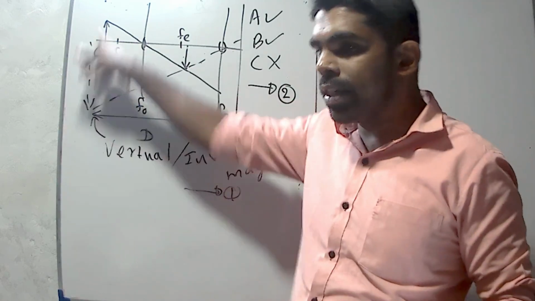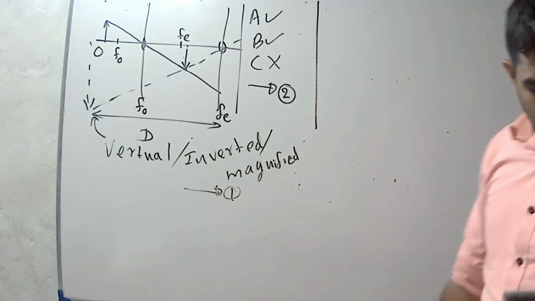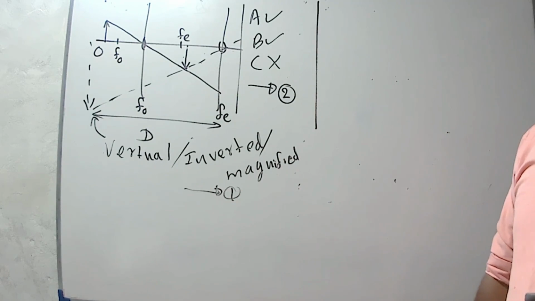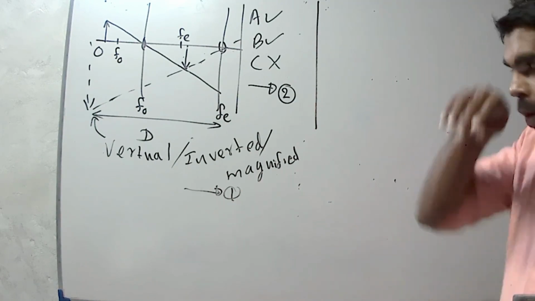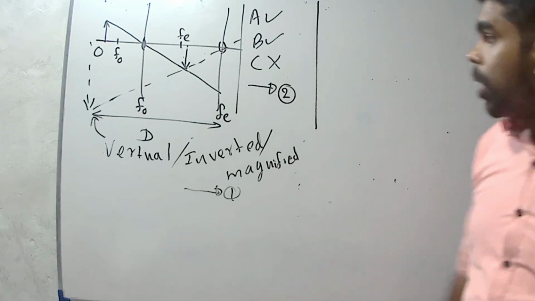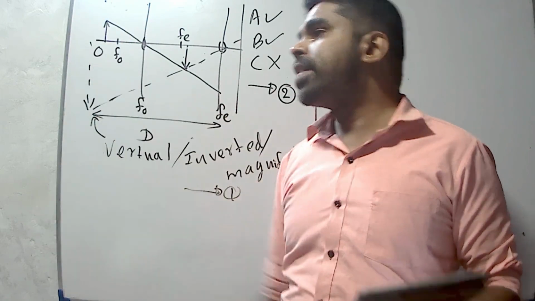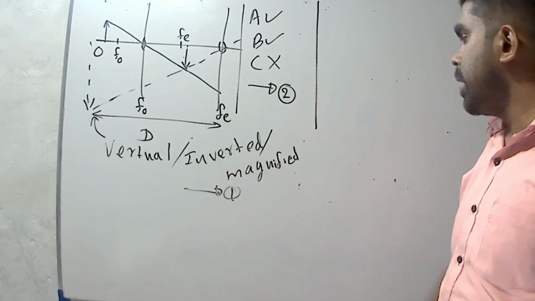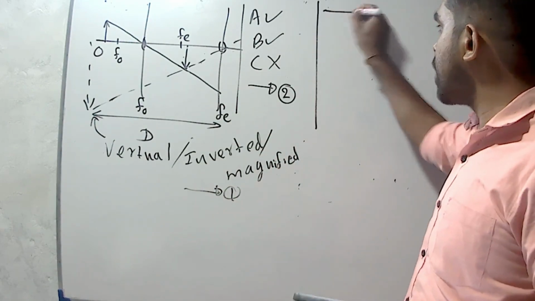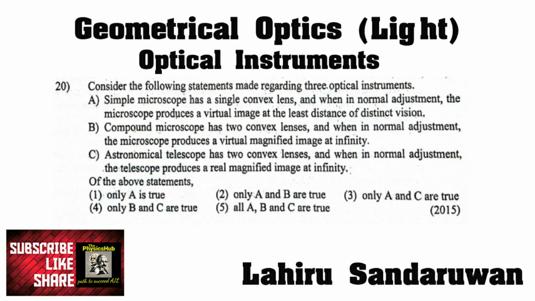This one is a virtual image. 5th one, the object we examine should be placed within the focal length of objective. No, we have to place it such that object distance is greater than f naught. Then answer is 5.